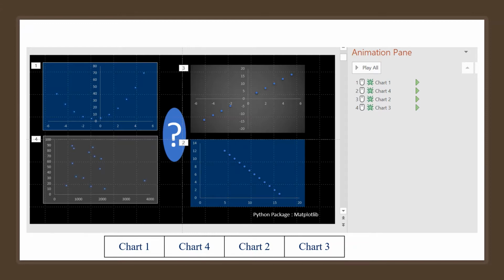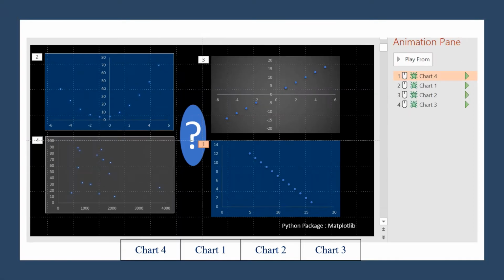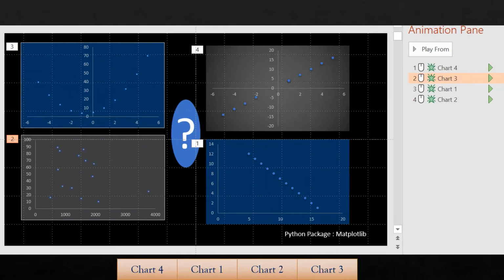I have the ability to change the order in which the charts can be displayed. That is, I have changed chart 4 to be displayed first, followed by chart 1, chart 2 and chart 3, or chart 4, chart 3, chart 1 and chart 2.